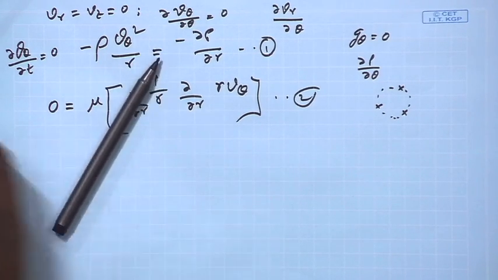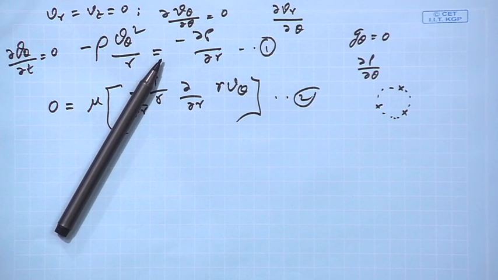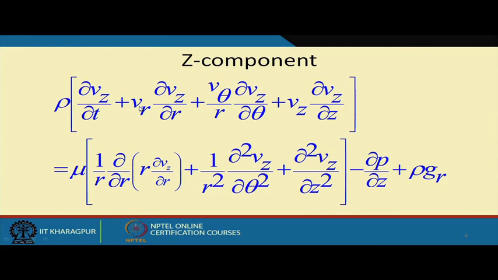and the third component, if we look at, rho is constant, Vz is 0. Not only Vz 0, del t is also not there, that is it is not changing with time. So, del Vz del t is 0, Vr is 0. So, V theta del Vz del theta is also 0 because Vz is 0. Mu 1 by r del r of r del Vz del r, Vz being 0, this term goes out.